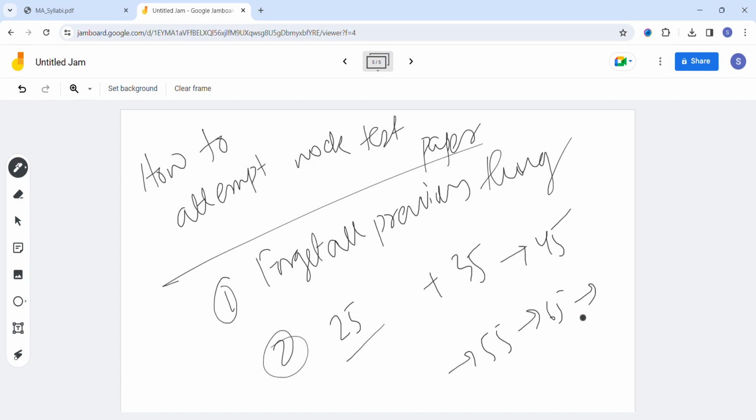Even if you perform regularly very well, you should not think that I will score 65 from the beginning, because if the paper is difficult, maybe 45 you can score and you will get under 10. It may happen, because last year in GATE exam also 50.33 is the AIR 1 marks. It's not a joke.